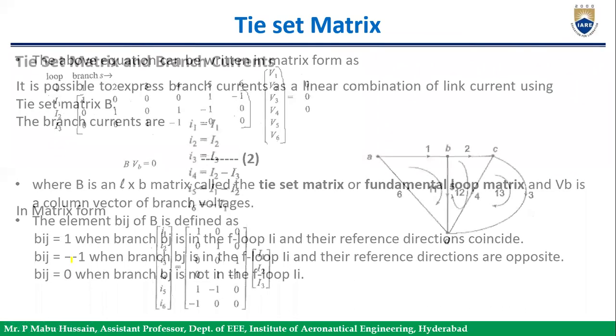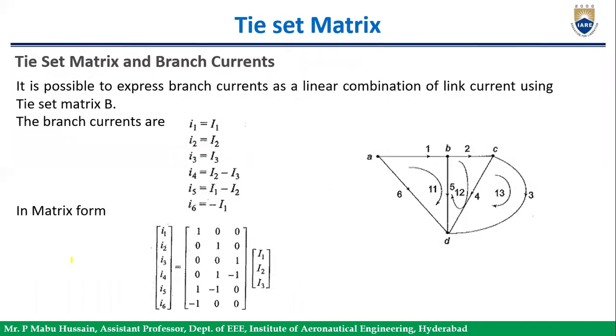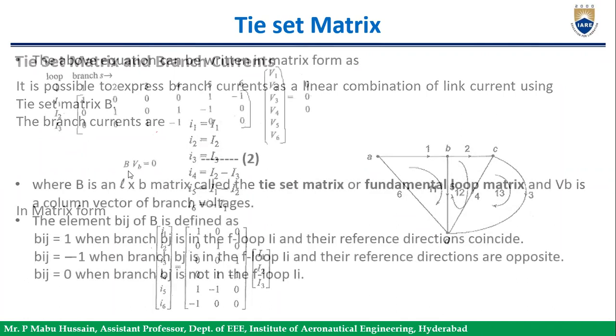Okay, so now after getting the Tieset matrix, you can also represent a relationship between the Tieset matrix and branch currents. In the previous slide we represented the relation between your Tieset matrix and branch voltages, right?